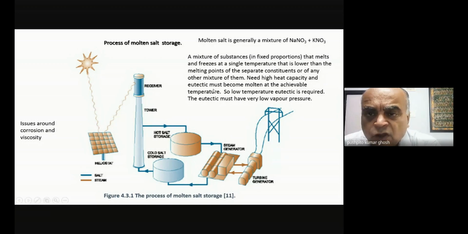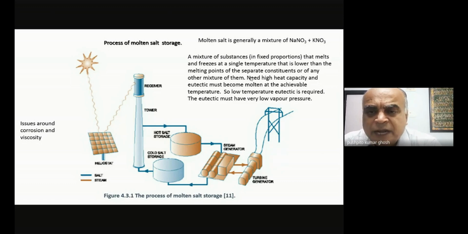So you don't want any volatility of this eutectic. And the last, which is as important as everything else, if not more important, is the heat capacity. Per kilogram of this molten liquid, how much heat can I store?